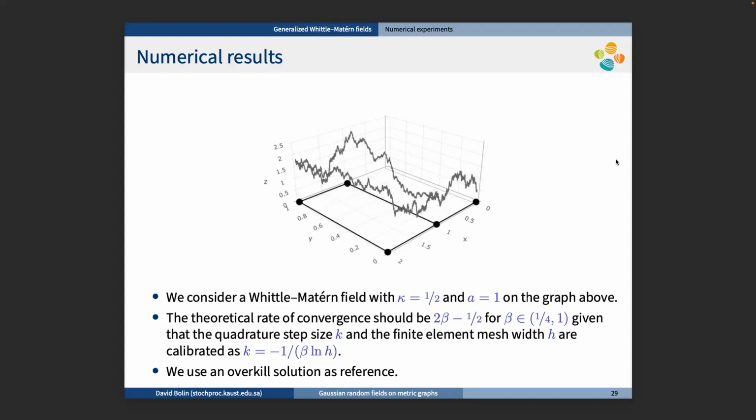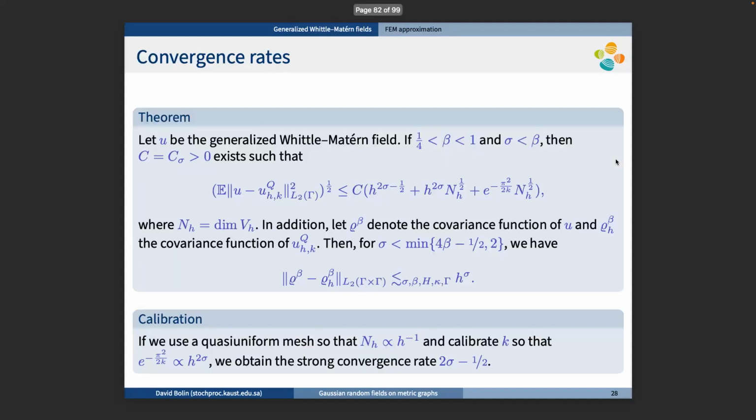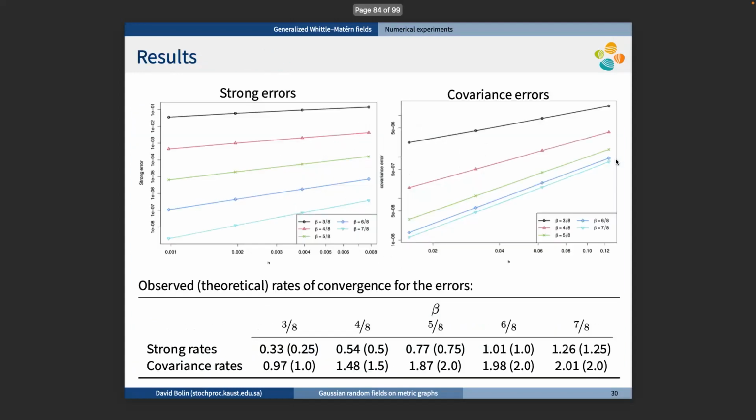We calibrate that so that, theoretically, we should have this convergence rate that you see here. And in practice, that is also what we observe when we implement this in the computer. So both the strong errors and the covariance errors numerically correspond very well to what we got theoretically.